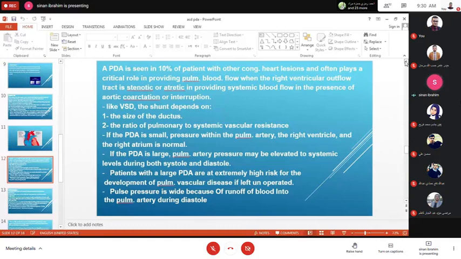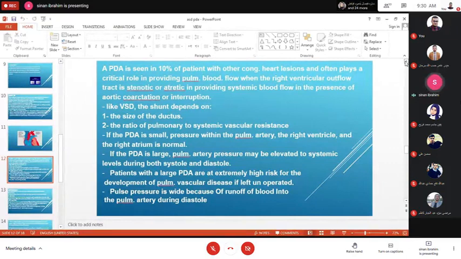So if the PDA is small, the pressure within the pulmonary artery, the right ventricle, and the right atrium will be normal, while if the PDA is large, this will cause elevation of the pulmonary artery pressure and pulmonary hypertension, and will end with Eisenmenger syndrome if not treated.